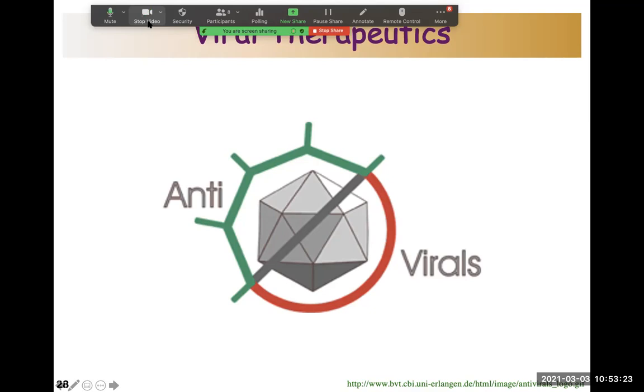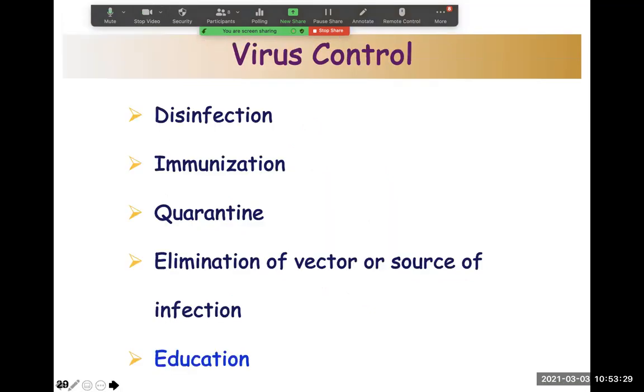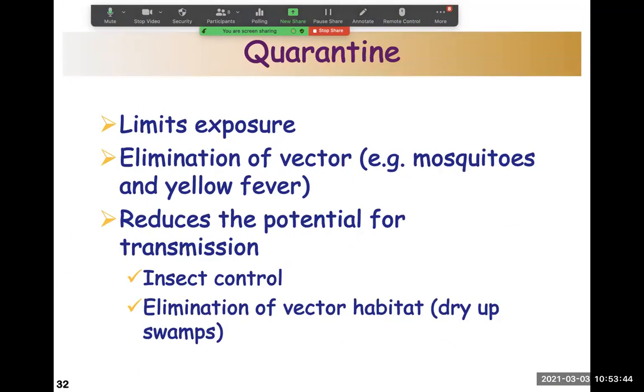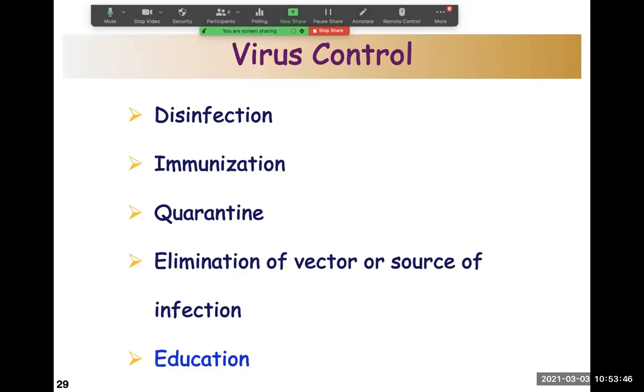All right, I'm back. So let's talk about antivirals. The important thing is, virus control is a little bit harder. The best is to disinfect, immunize, quarantine, all of which is happening right now with this COVID-19, and elimination of the vector source, right?